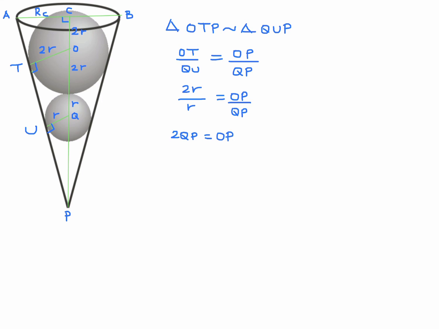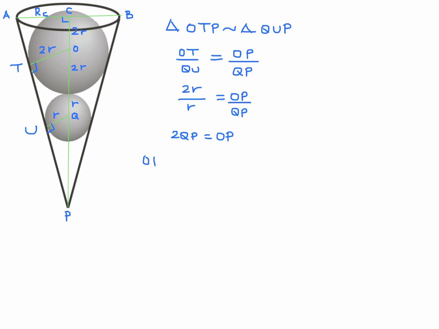All right, so that is very helpful, and that allows us to get a relationship between the height, H, of the cone, and r, and that's pretty much what we need to solve this.